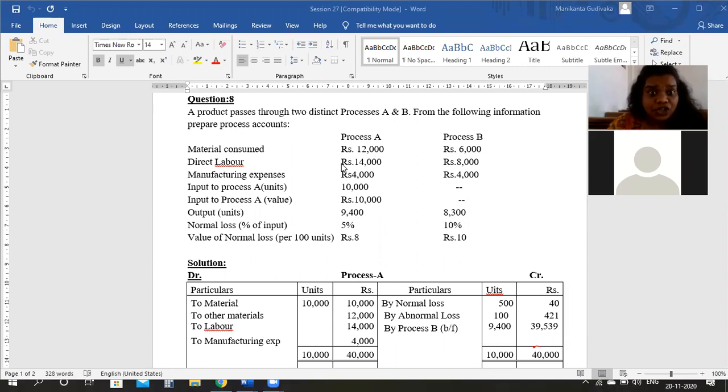Why? In this question, we have input, we also have normal loss, and we also have output in units. So whenever we have input, normal loss percentage and output, we are supposed to calculate working note number 1.